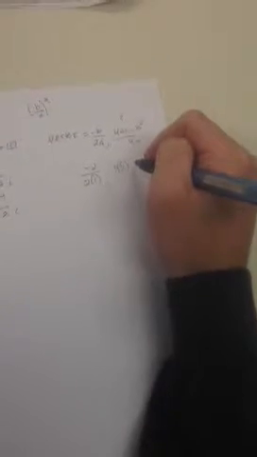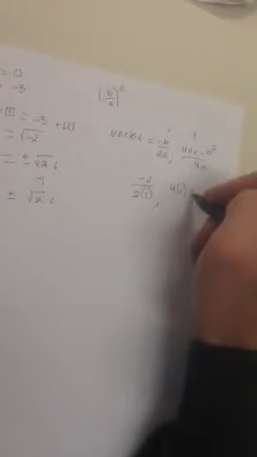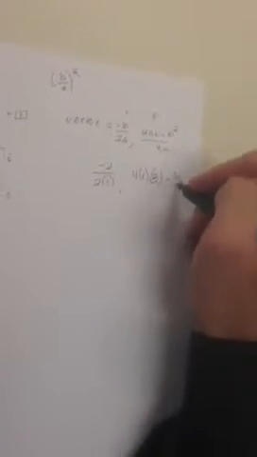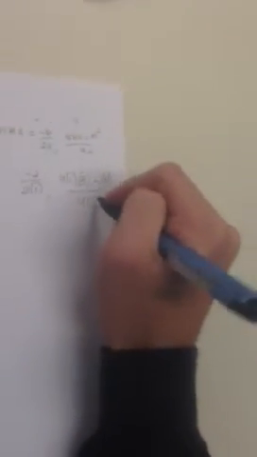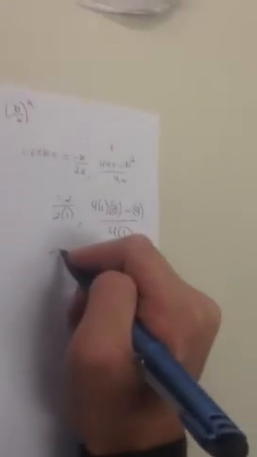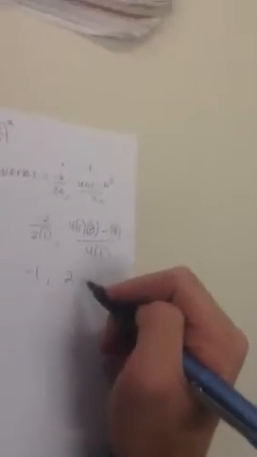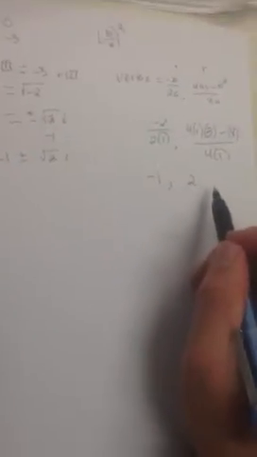So negative b would be negative 2 divided by 2, a is 1, comma, 4 times 1 times 3, and so then divided by 4 times 1, so that would be negative 1, 12 minus 4 is 2. So then that's going to be right there, and that would give us our vertex.